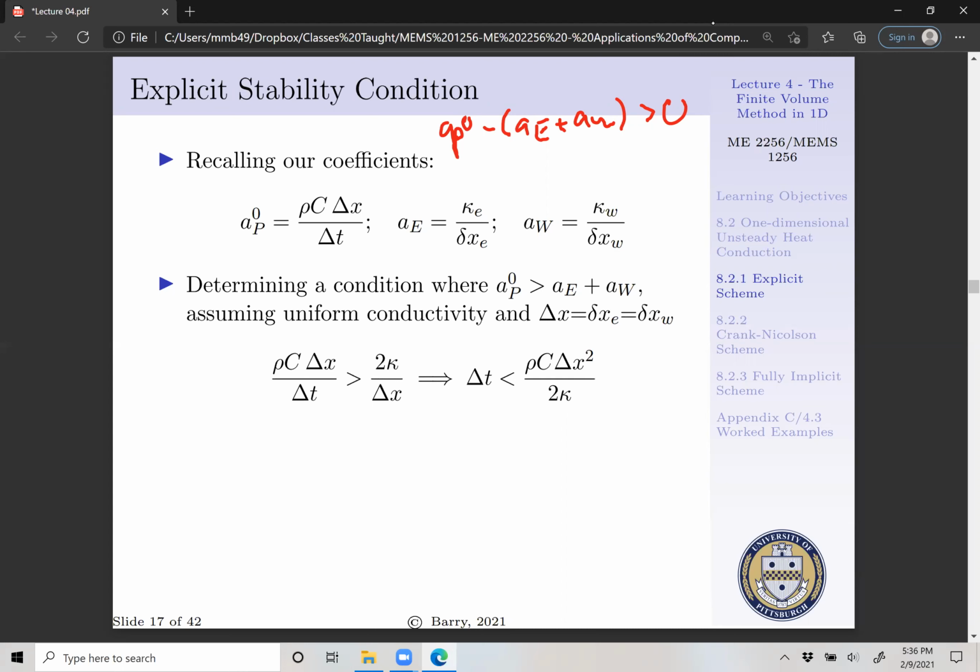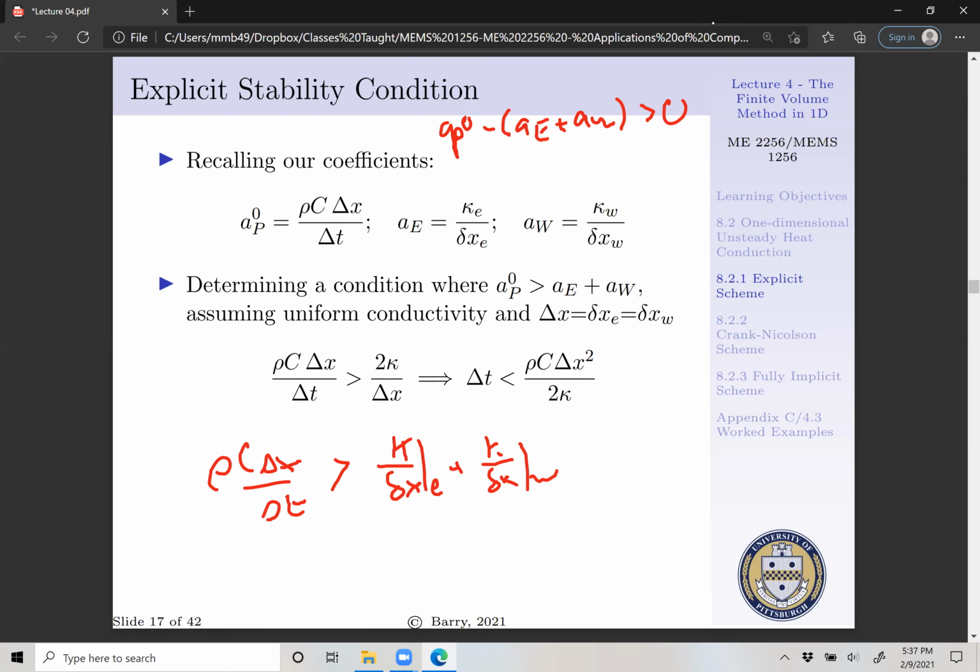Now, for this, we need AP naught to be greater than the sum of A east and A west. Okay, so let's just write this in. We need rho C delta X per delta T has to be greater than K per delta X east plus K per delta X west. And if we assume our diffusivities are constant and our spacing's constant, this just becomes 2K per delta X.